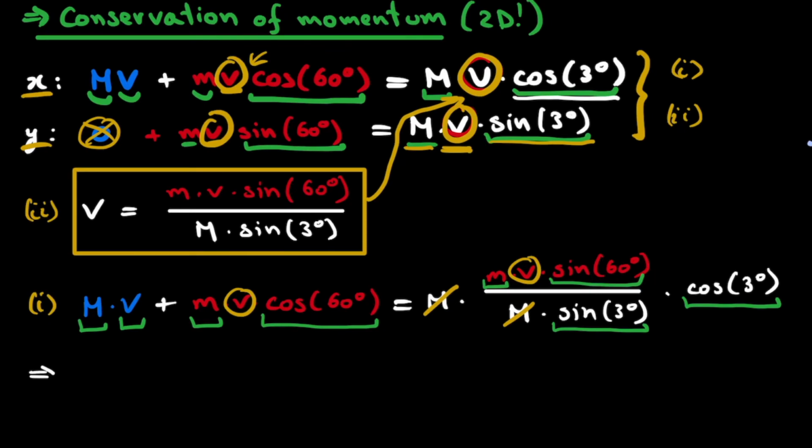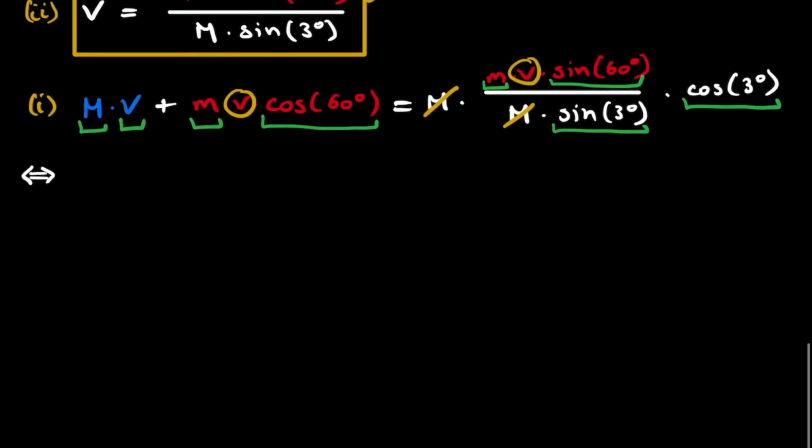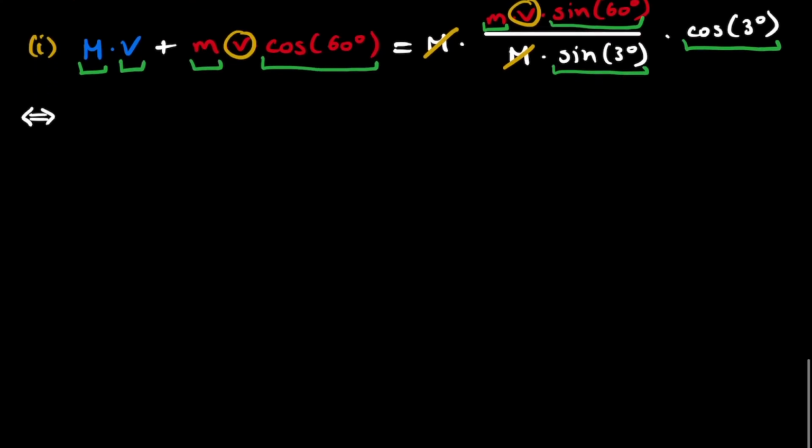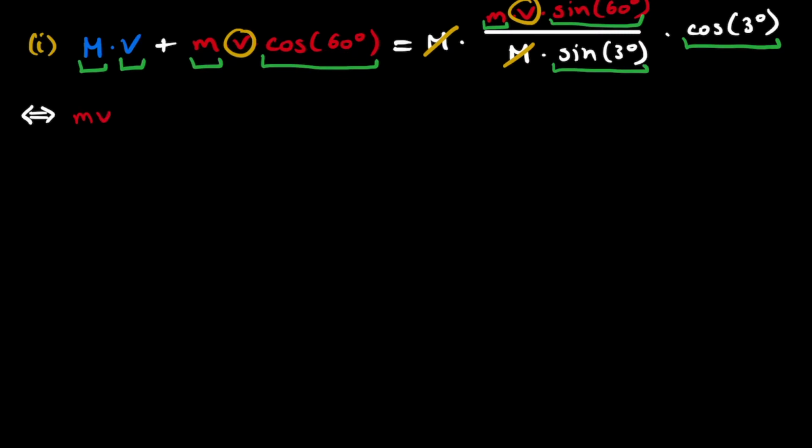So we can rearrange this equation such that this red v is on one side of the equality sign and all of the rest is on the other side. So we find m times v times the cosine of 60 degrees minus m times v times the sine of 60 degrees multiplied by the cotangent of 3 degrees.